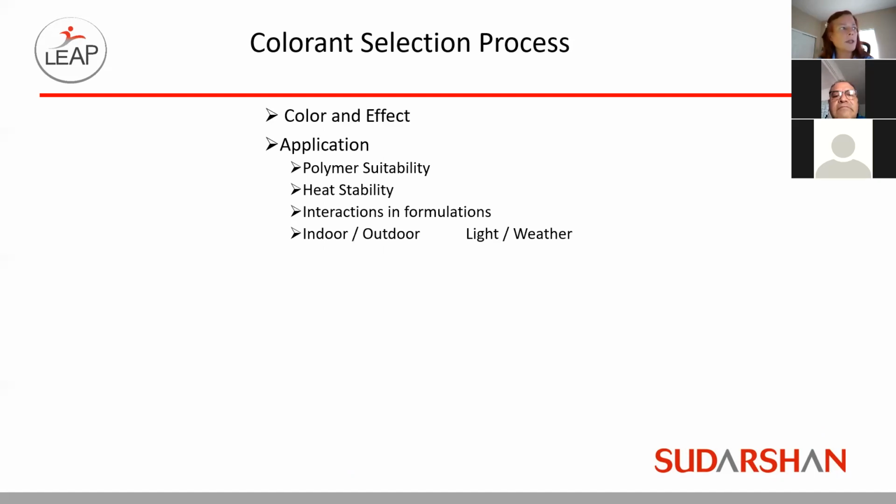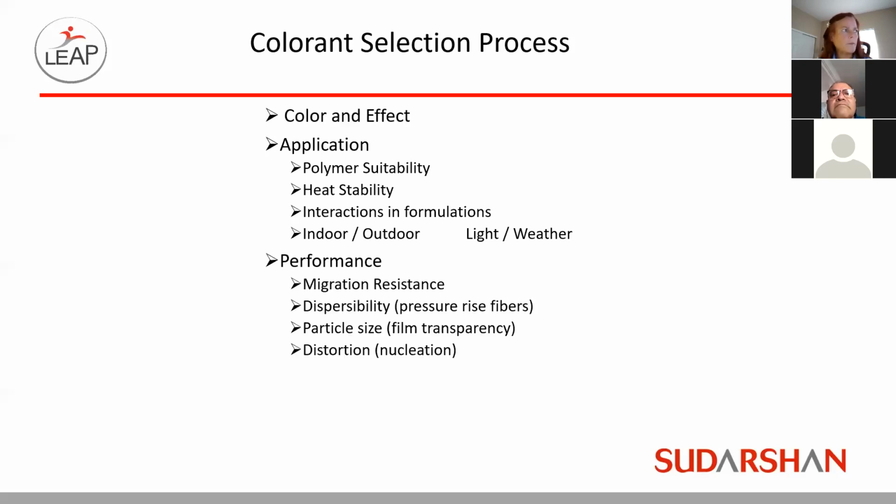Interactions within the formulation. So obviously the colorant is not the only ingredient in your formulation, so we want to make sure that there might not be any interactions with your other raw materials. And then finally, as far as the application, is it going to be indoor or outdoor, so that we can recommend the appropriate light and weather fastness properties for that particular colorant.